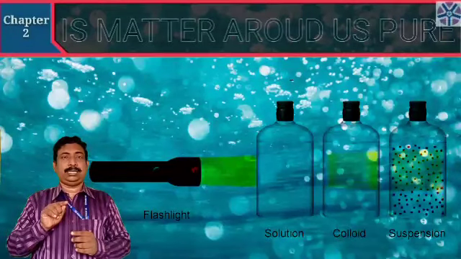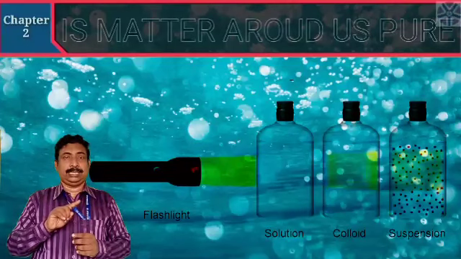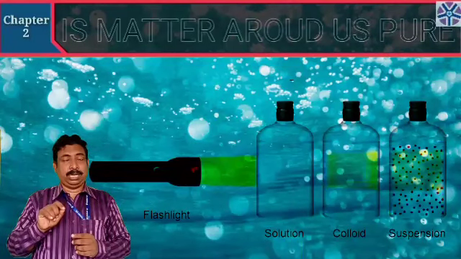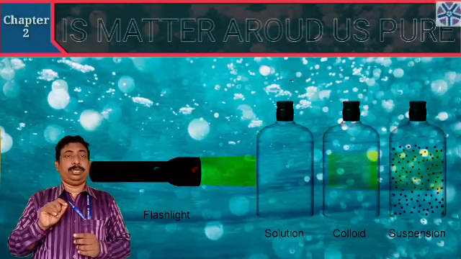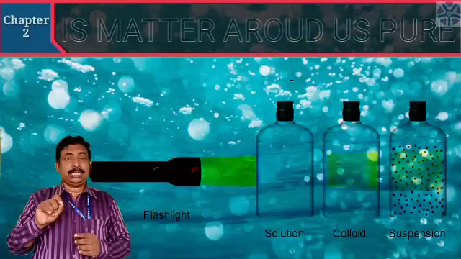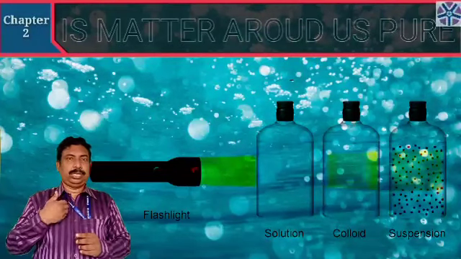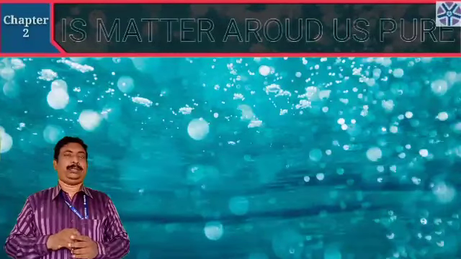Because the size of the particles in a colloidal solution is big enough, but not like in a suspension; it is smaller than suspended particles but larger than dissolved solution particles. That intermediate size of particle scatters the light to the sides, so that the path of the light is visible in the colloidal solution.